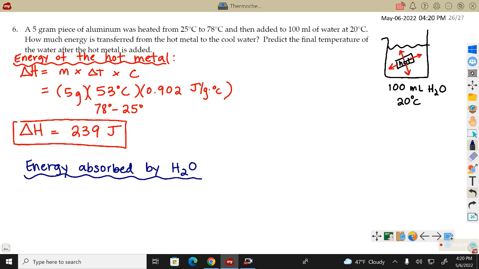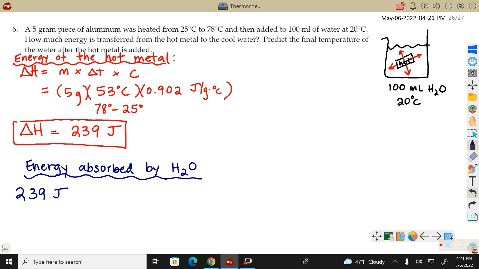Okay, I kind of like this. So we can start with that as our delta H. Assuming that all of the energy is absorbed by the water, delta H is 239 joules. A transfer of energy. Technically, it's going to be exothermic for the metal. The metal is going to lose that energy, and it'll be endothermic for the water, absorbed by the water.